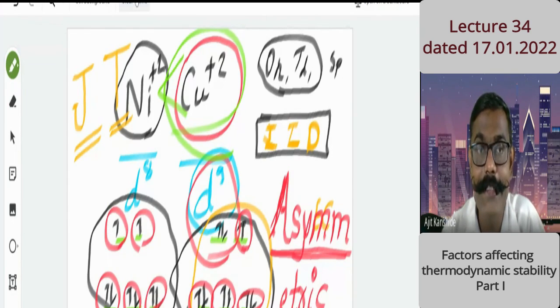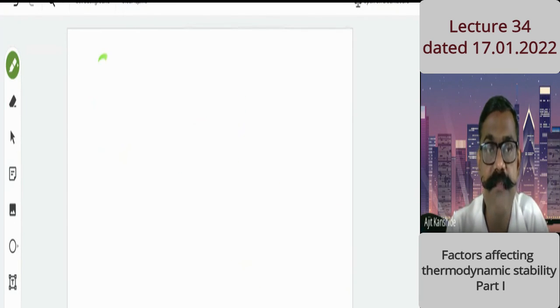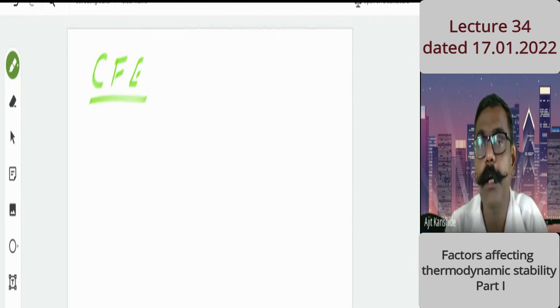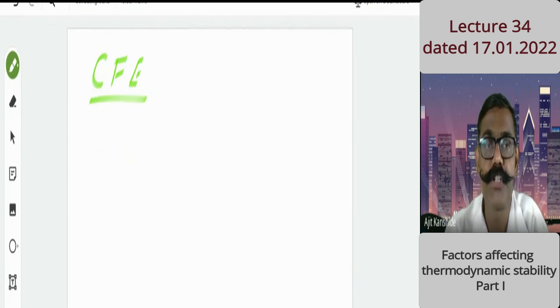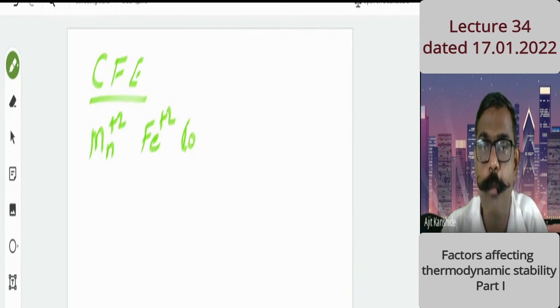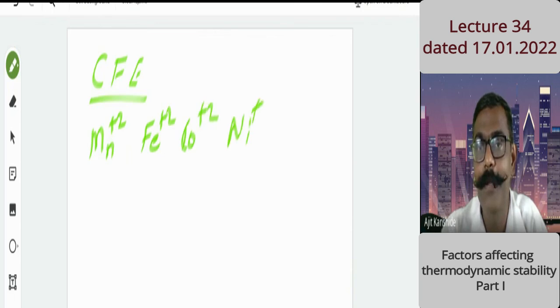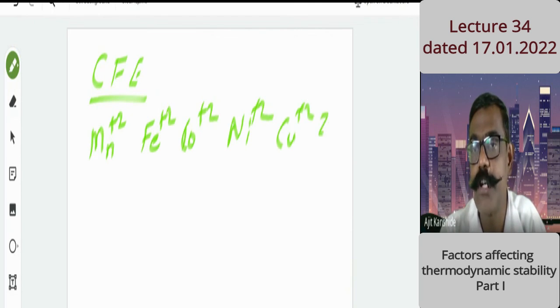So what I discuss now, crystal field effect is the point of discussion. I represented the metal ions from the transition series: Mn+2, Fe+2, Co+2, Ni+2, Cu+2, and Zn+2.